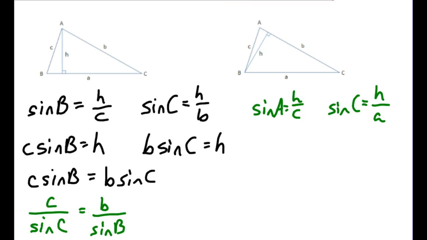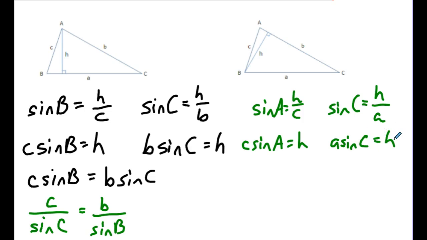Again, if we isolate h by itself in both these equations, we're going to get c times the sine of A is equal to h, and a times the sine of C is equal to h.